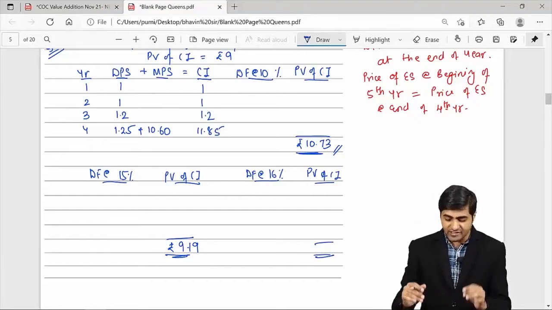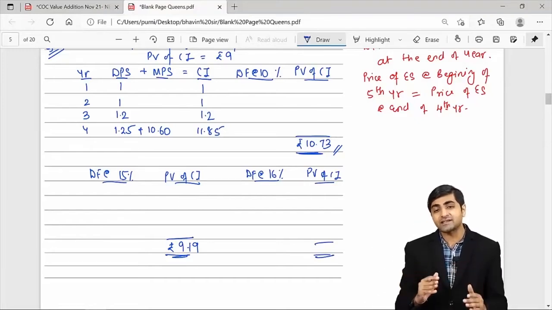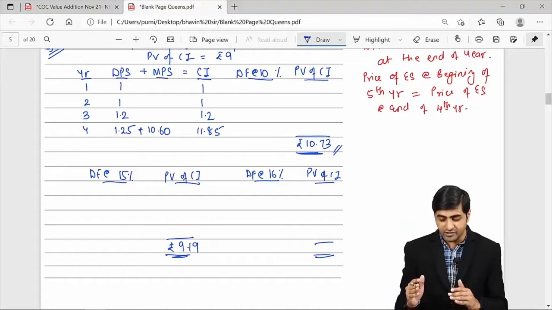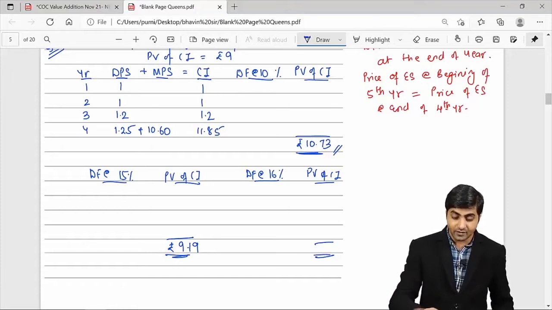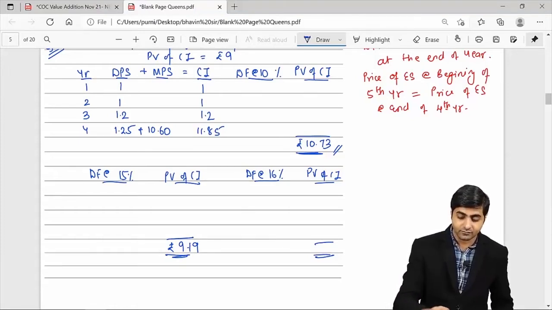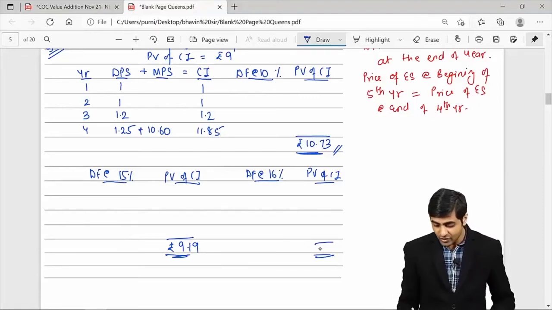Okay. So we just have to now discount up to an extent in such a way that it becomes equal to your 0.19. So let's get started now at 16%. So guys, this will be coming as now rupees 8.91.